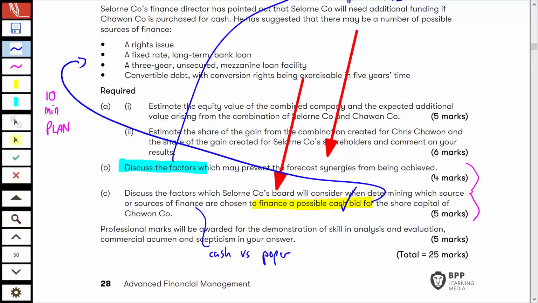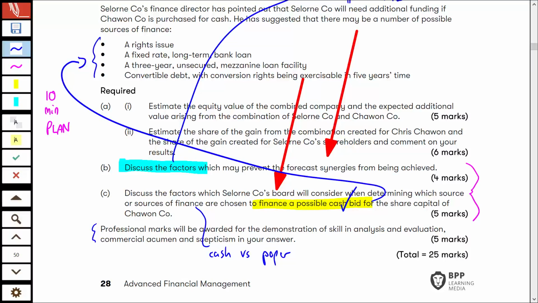And that's a practical discussion of the likelihood of being able to sort out these sources of finance listed in the time frame available, how much they would cost, what impact they have on shareholder control. And it's a practical discussion of those issues that are going to help you to score not only those technical marks, but also to pick up some of these professional marks too.